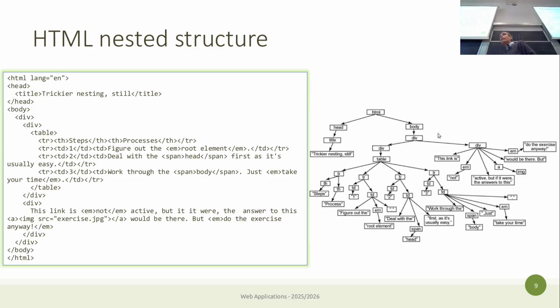But we have a tree in the browser. The HTML has been parsed, and we have the DOM tree in the browser. So to which elements do the CSS rules apply? Of course, if we are on a leaf at the end, fine, it applies to that element.